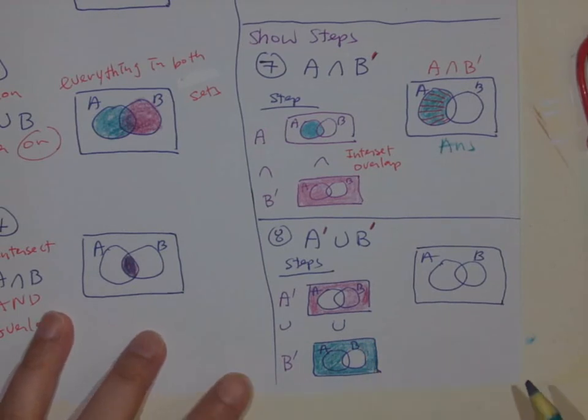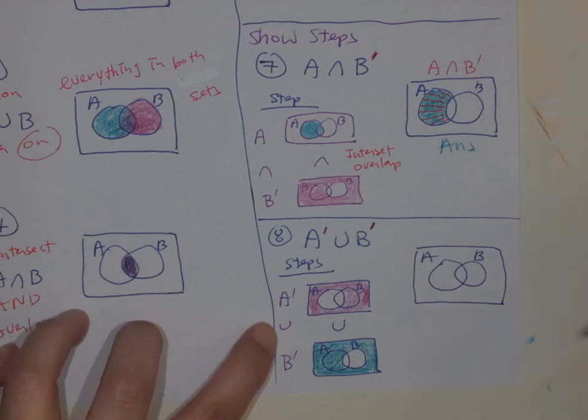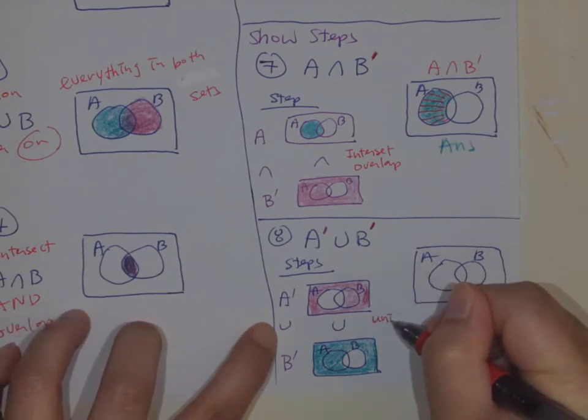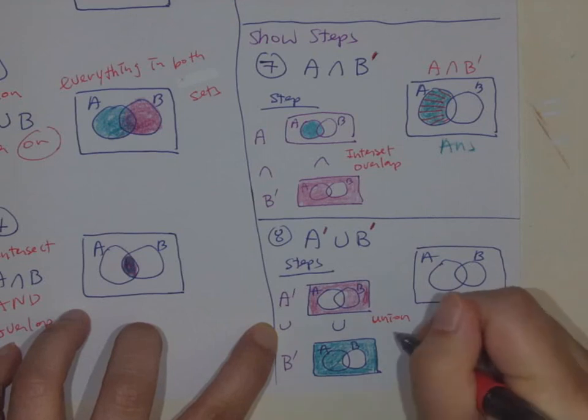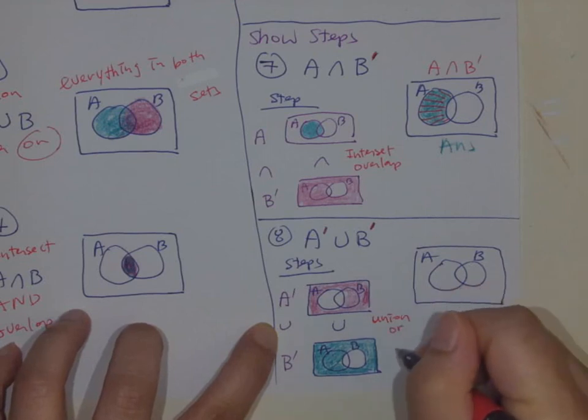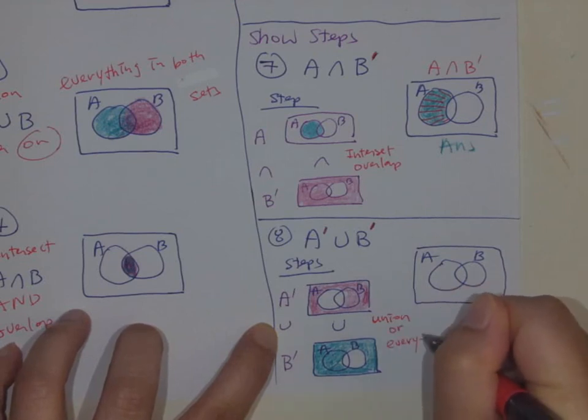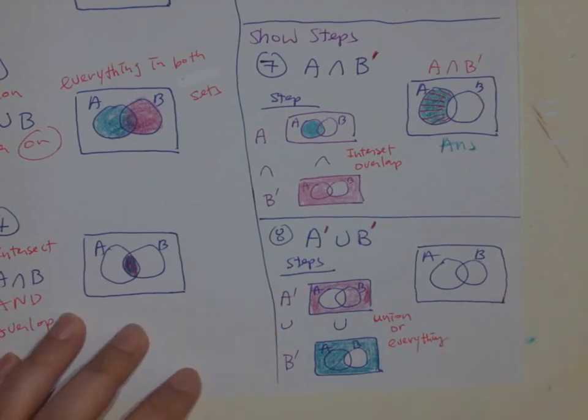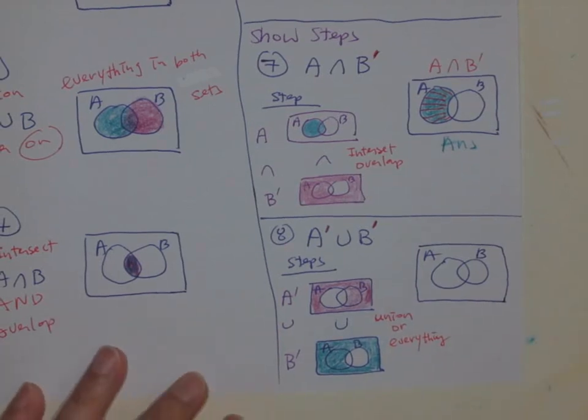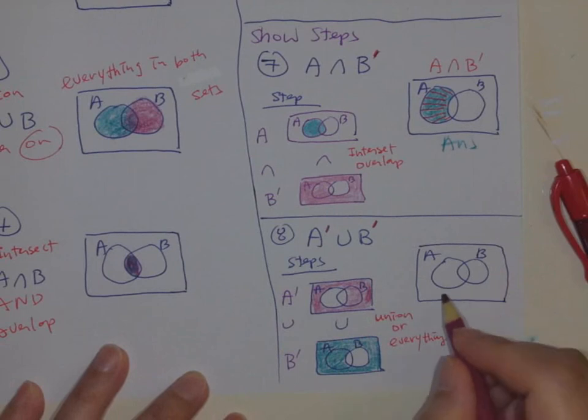This one means union, and the keyword is "or", and we want everything in both sides, right? This one is usually easier, because what you can do is color in what this one has.